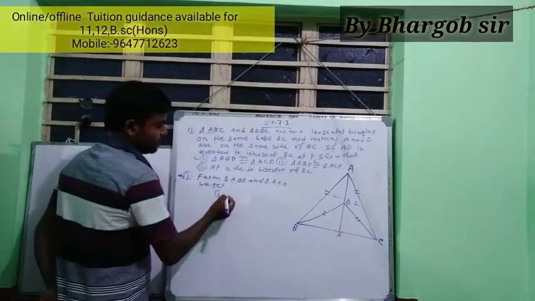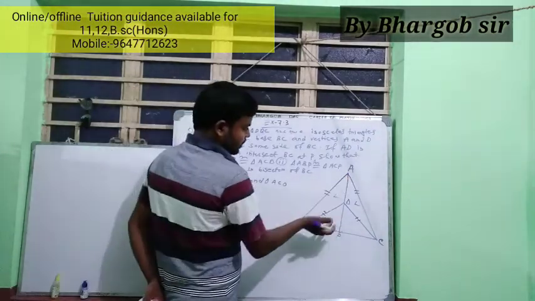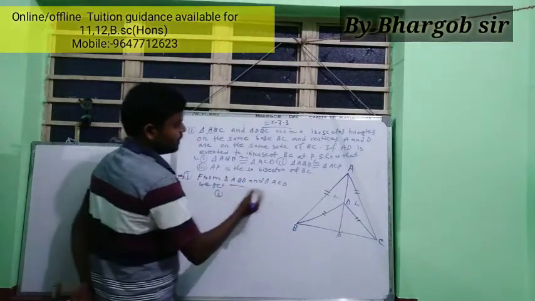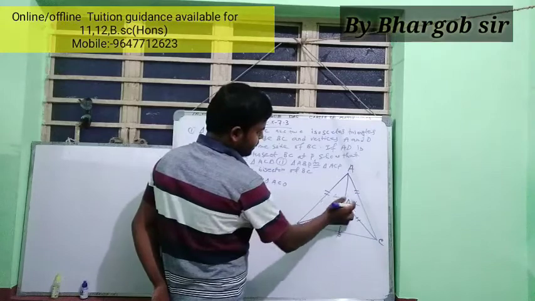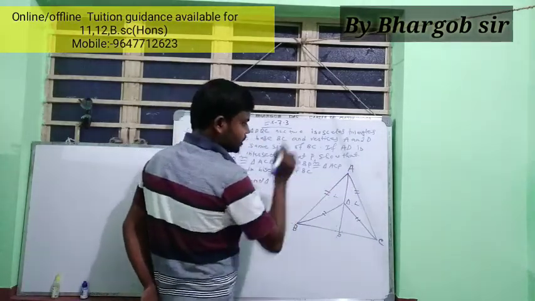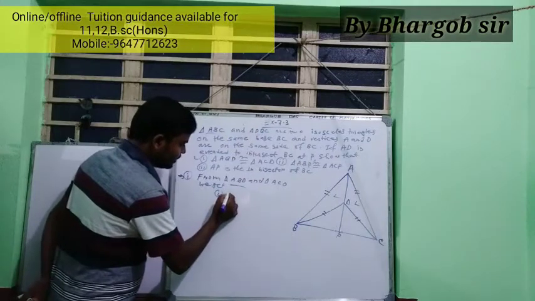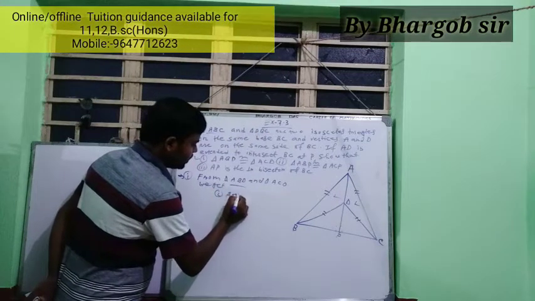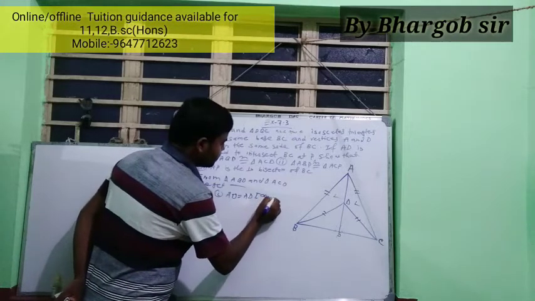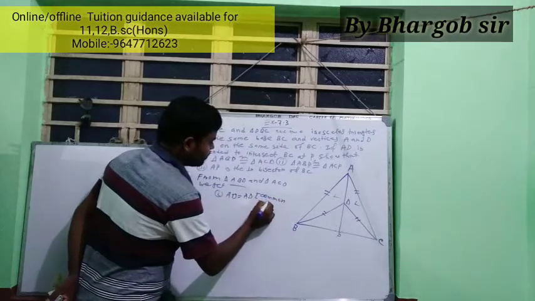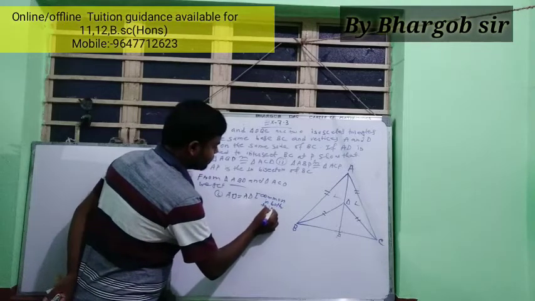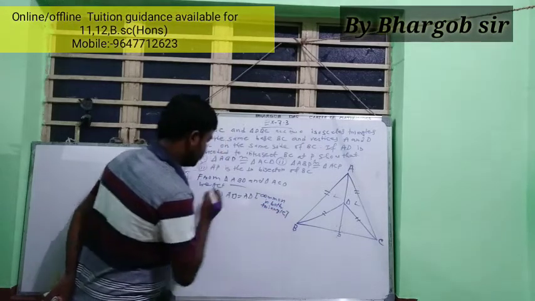So number 1, from triangle ABD, AD equals AD, a common side in both triangles. Any problem?